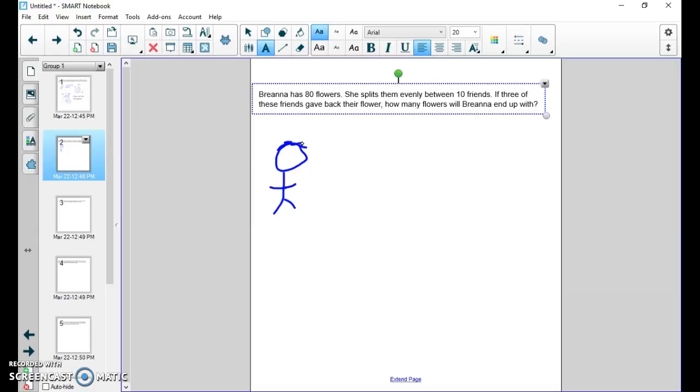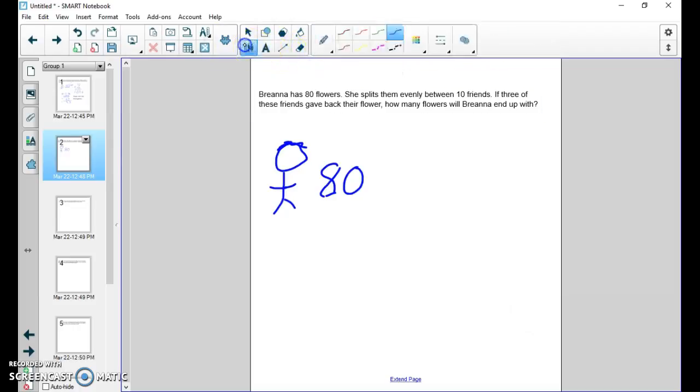All right, so my overview, just to make sure that I have a sense of what's going on, Brianna starts with some flowers. She splits them up between 10 friends. And then some of those friends give it back to her. Okay, so let's get started. So she has 80. Now I'm not going to draw 10 friends, but I'll draw a couple just to see what's happening here in the problem.